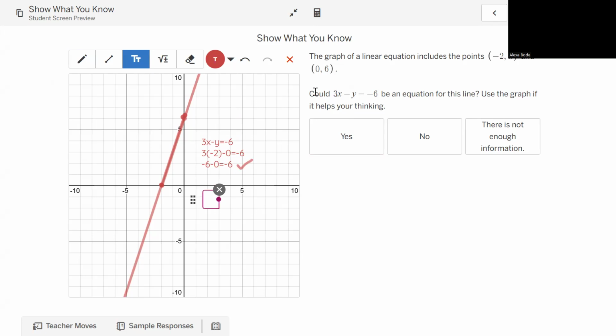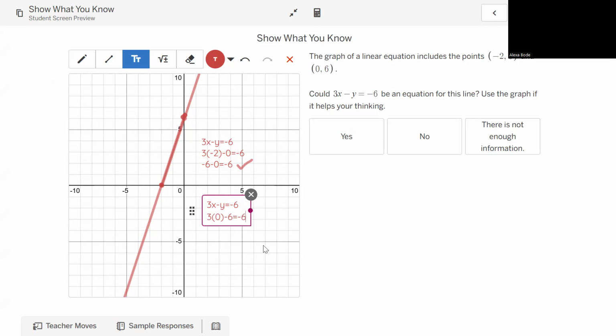The other point, if this other point works, then yes, this equation would be an equation for the line. So my other point is 0 comma 6. So again, my equation 3x minus y does equal negative 6. So my x is 0, so that would be 3 times 0 minus my y is 6, so minus 6.